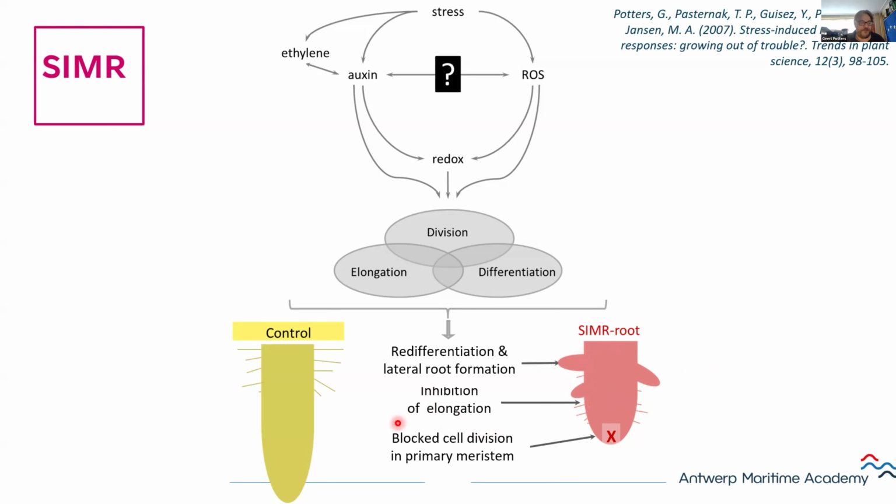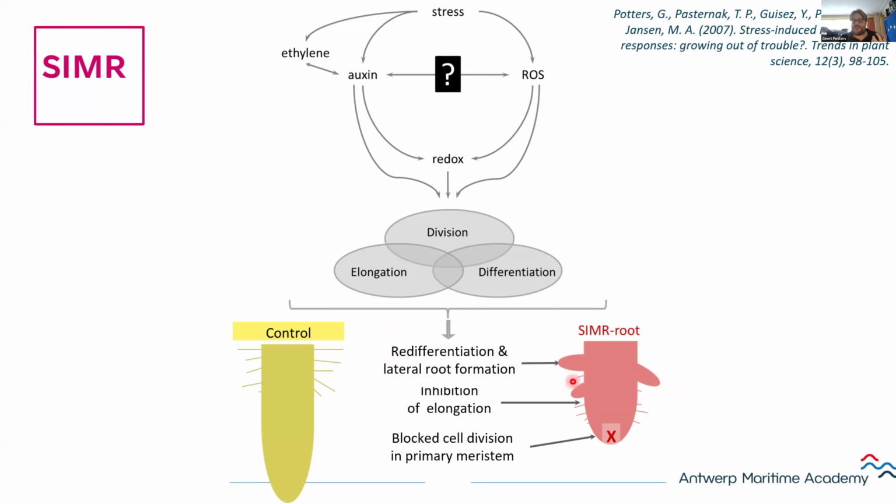If we only have inhibition of elongation and inhibition of cell division, then stress would mean you damage the plant. Here we say, no. We don't really damage the plant. The stress redirects the activity, because here you have more lateral roots.